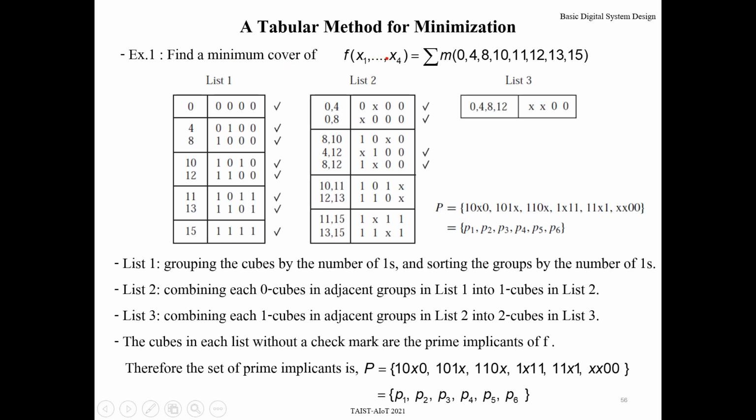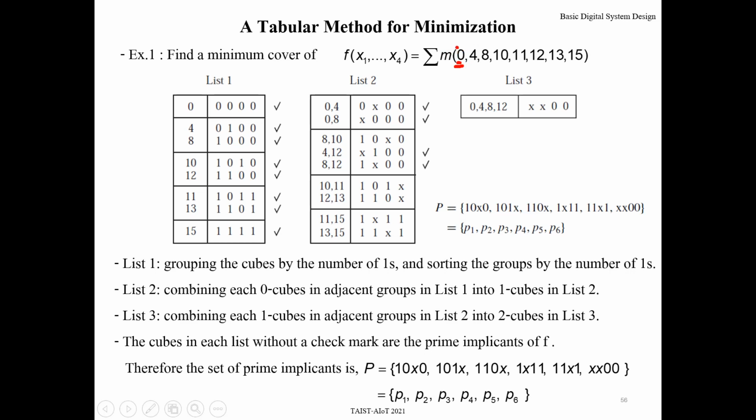Okay, how to find it? At first, you should list the function. Okay, list the inputs from the minterms for which you want the function to be 1.